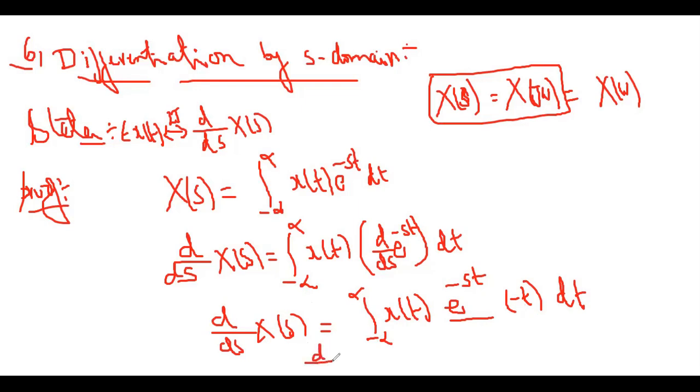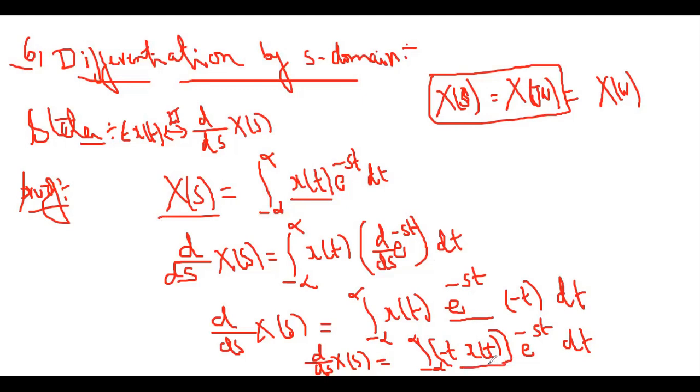So d by ds of X(s) is equal to the integral from minus infinity to infinity. Now I am writing the t into x of t with a minus also: minus t into x of t e power minus st dt. Now you can see here, for x of t, apply the Laplace transformation, we will get X(s).